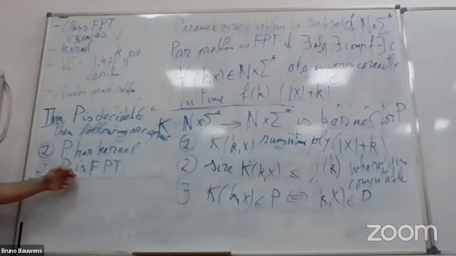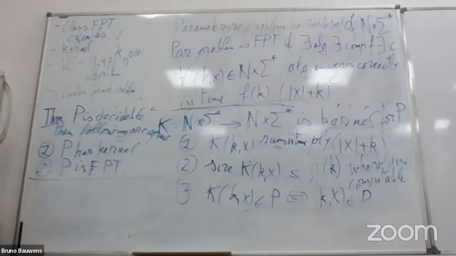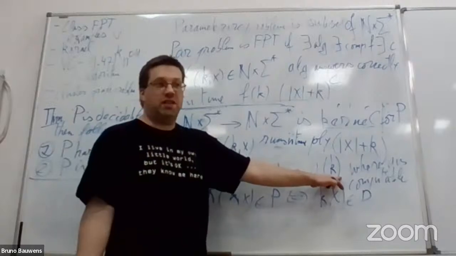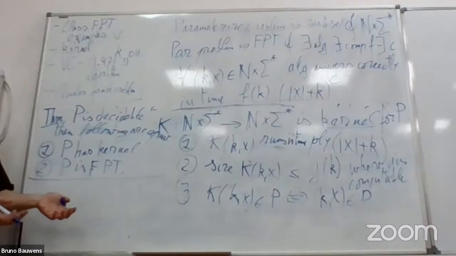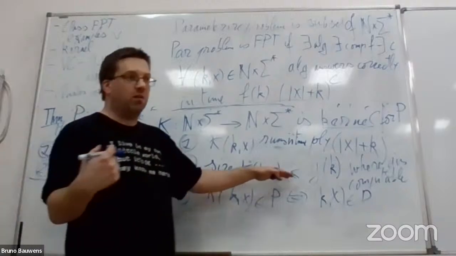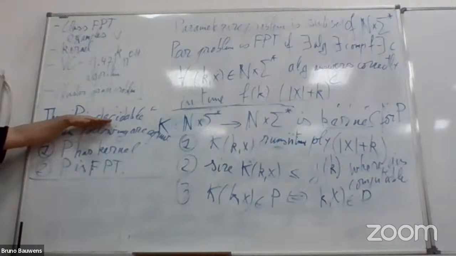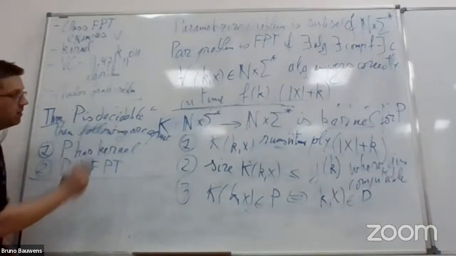So if it's FPT, then we reduce the problem. We will have a problem of size at most g of k after the reduction. Then we say it's decidable, so we run an algorithm that runs in computably bounded time. In the worst case, we can compute the upper bound, and then we run this procedure to decide our problem. The runtime of this procedure will be polynomial.